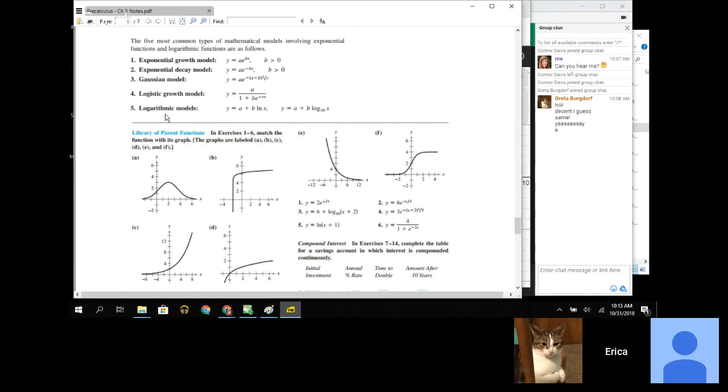The 5th most common type is logarithmic models. Okay. Now think about this. We talked about exponential growth and decay, right? And we talked about how logarithm is the inverse of exponential growth. So if this is exponential growth, what would an inverse look like? Which A, B, D, or F, which one do you think would be the inverse of exponential growth?